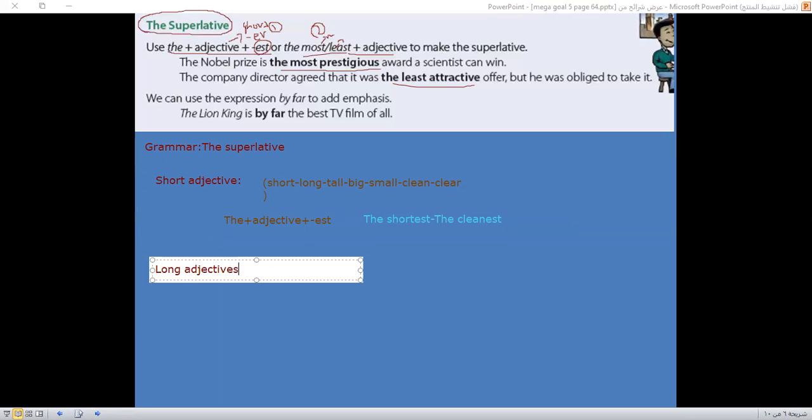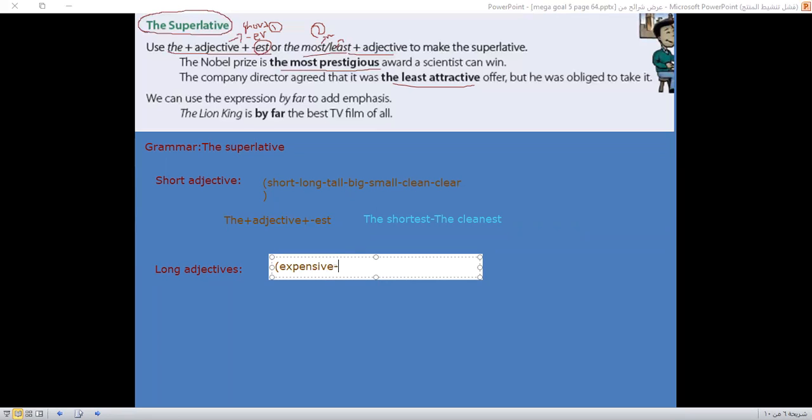The second type is when I have a long adjective. Prepare your examples. So long adjectives like expensive. What else? Dangerous, beautiful, interesting. All of those are long adjectives.